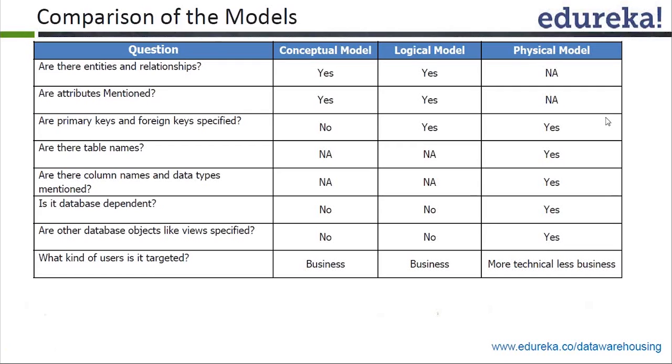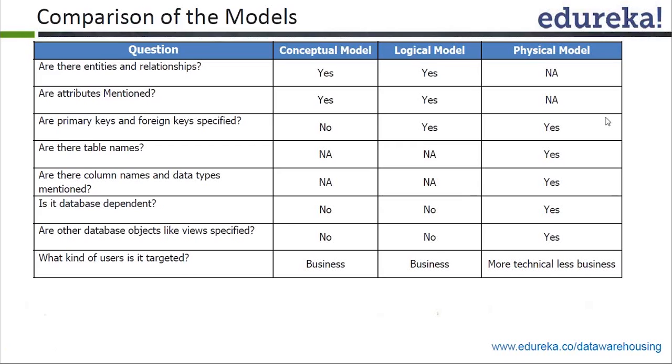Are other database objects like views specified in the conceptual data model? No. As I said, there will be only entities in the conceptual data model. There are no tables, no views, no database objects. In the logical data model also, no database objects. The database objects you will see only in the physical data model.